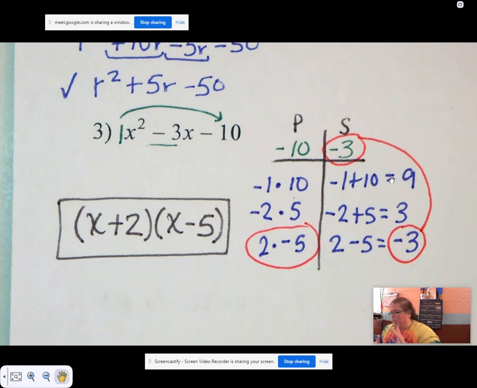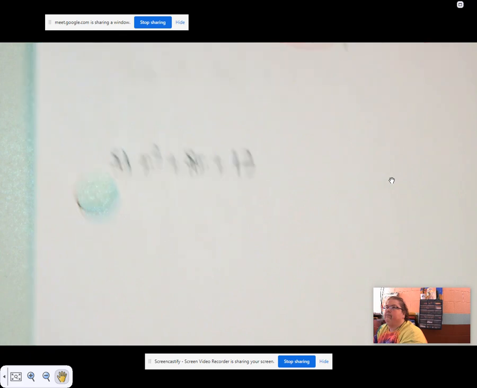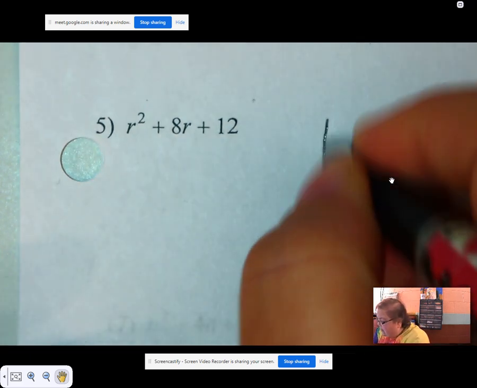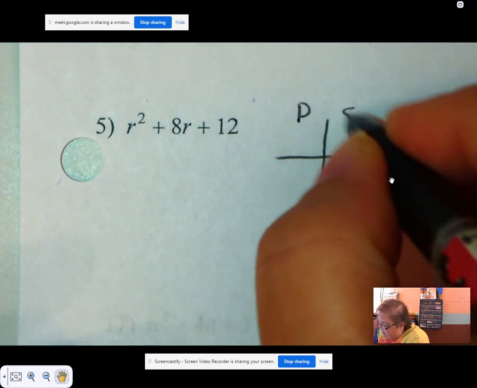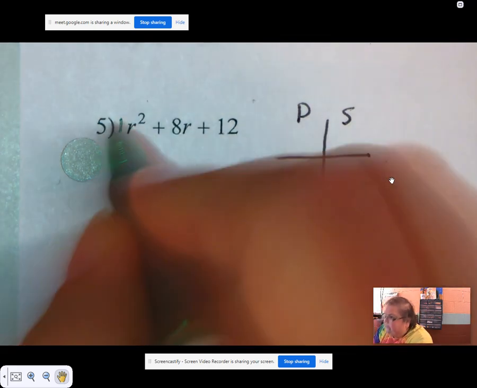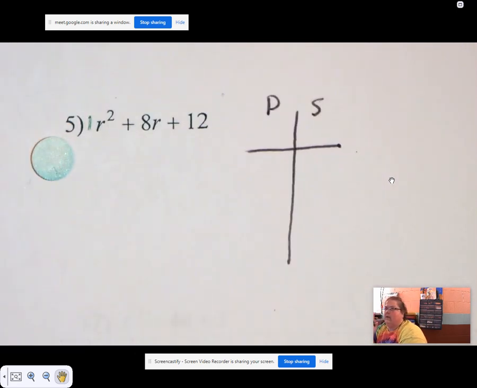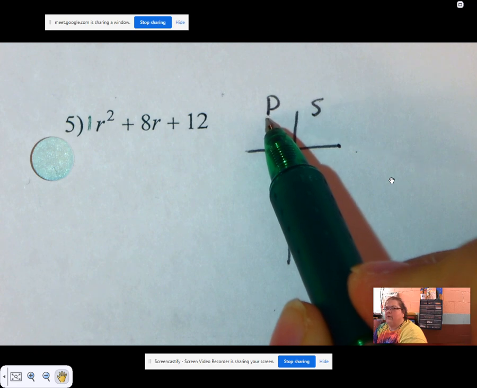Awesome. Let's look at number 5. Okay, here we go. Here's my T-chart. Product, sum. Okay. I'm going to put a 1 here to work with it. Leona, how do I get the product?